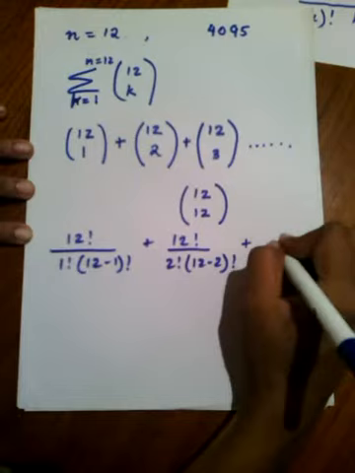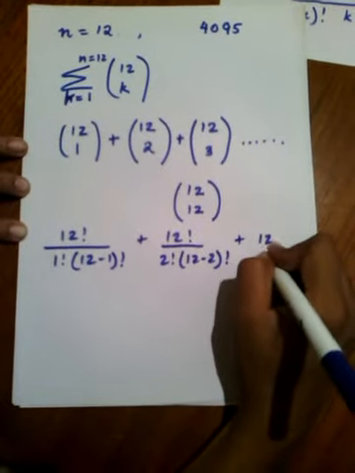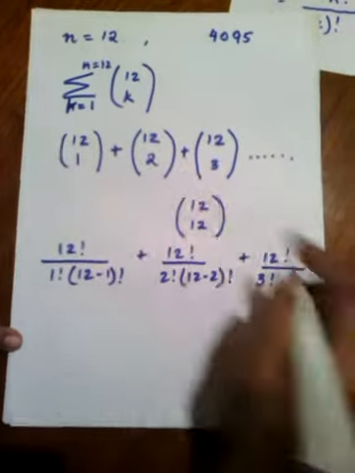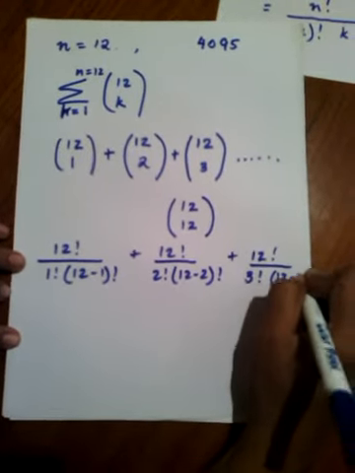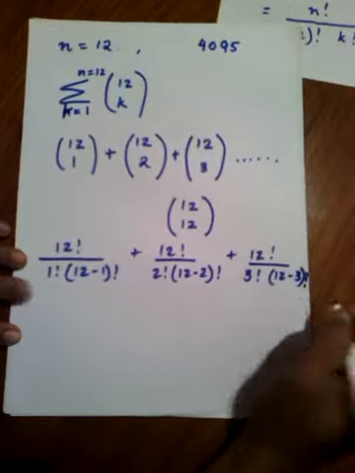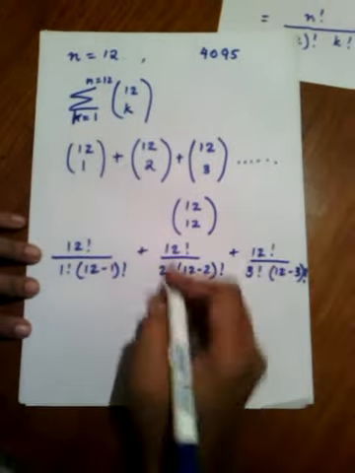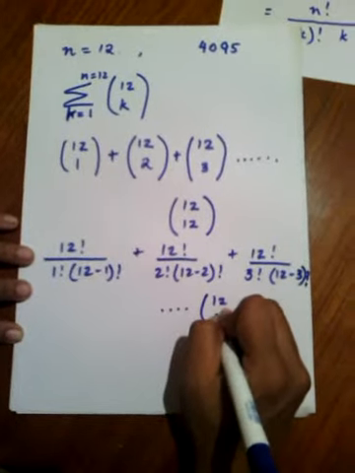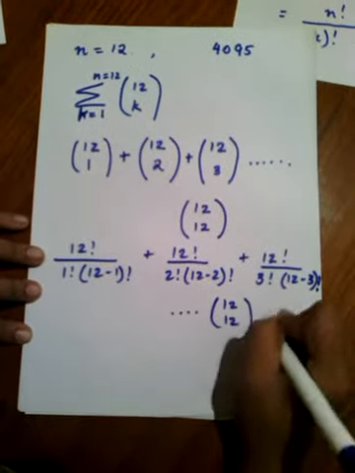And the third term, likewise, is factorial 12 divided by factorial 3, because k is 3 now, times factorial 12 minus 3. And then this goes on till you get the last term, which is 12 choose 12. What do you think it is?